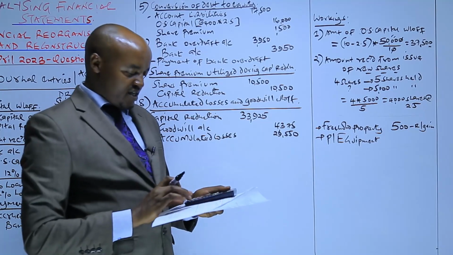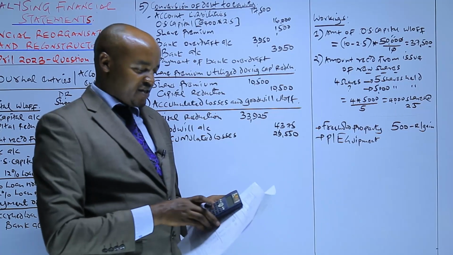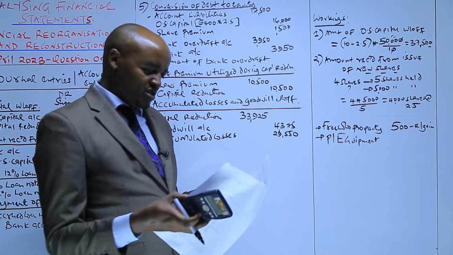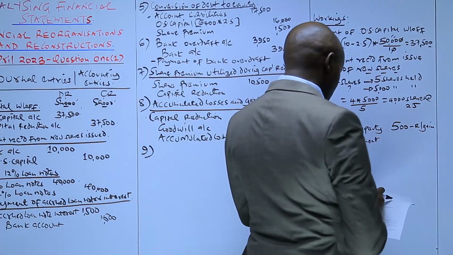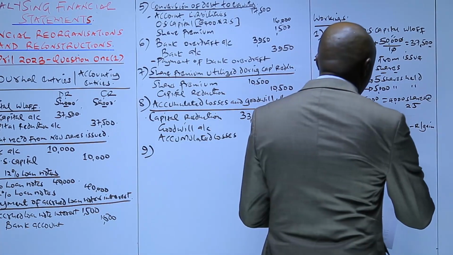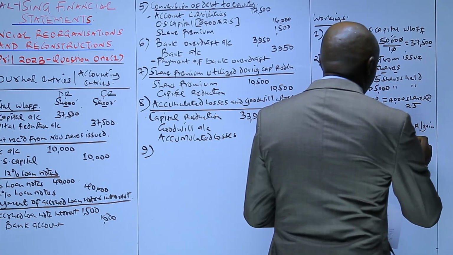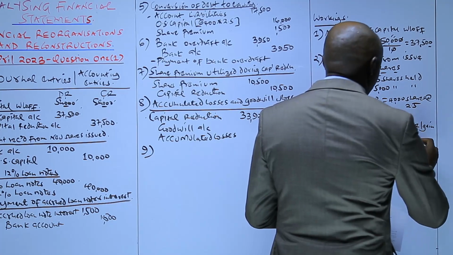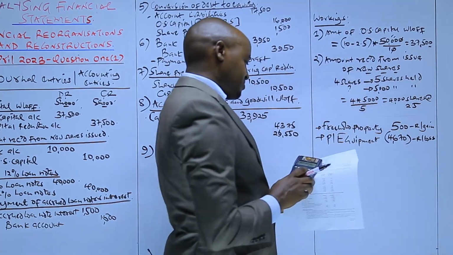It was 14,175. Basically, what that means is that this particular asset was revalued downward by an amount of 4,670. So this is a decrease, and that is a revaluation loss.